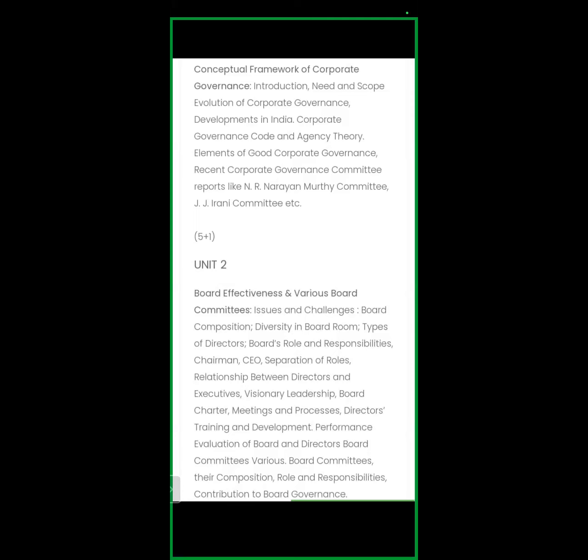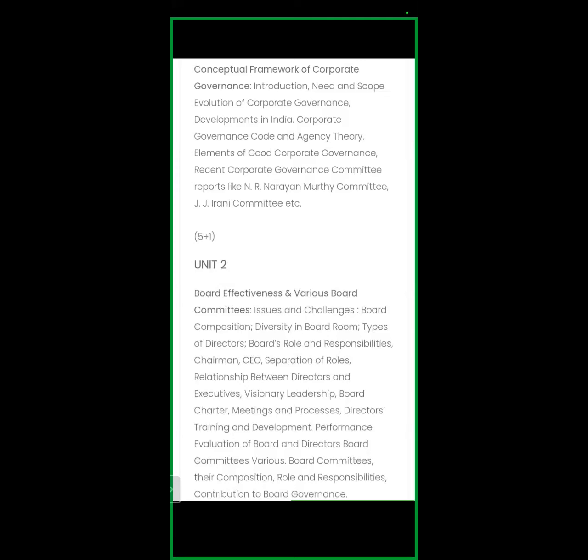And unit number 5 is very interesting. Most of you might be aware of the things which we are going to discuss in unit number 5.